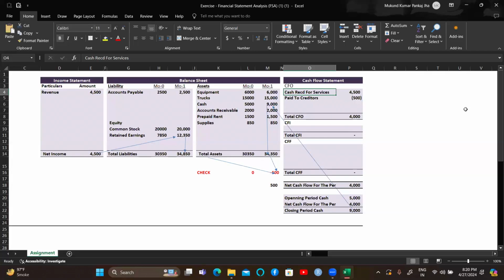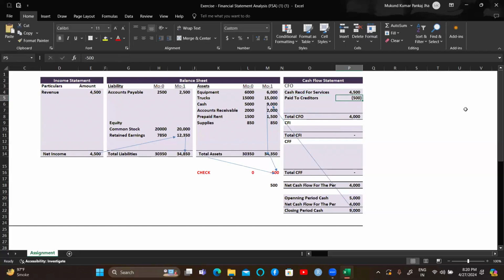CFF deals with dividends, that is equity and debt, paid or repaid or issued. So if there is no fixed assets, there is no point to discuss CFI. Okay, paid to creditors 500.